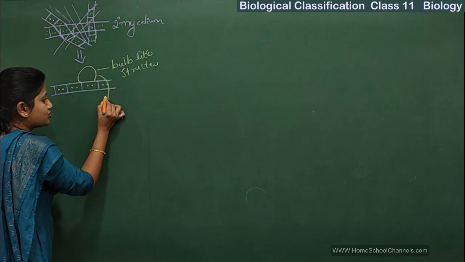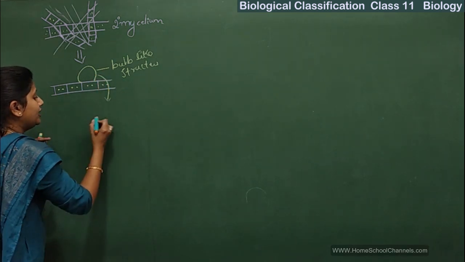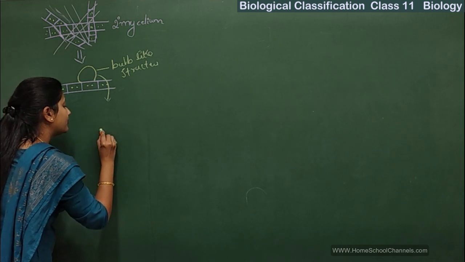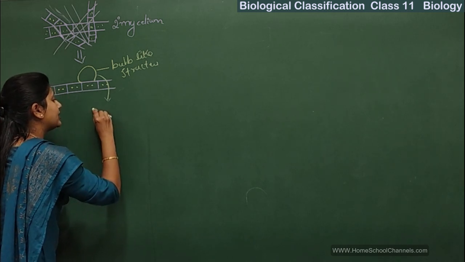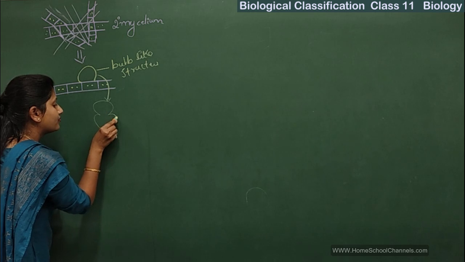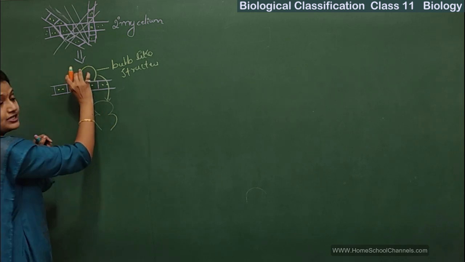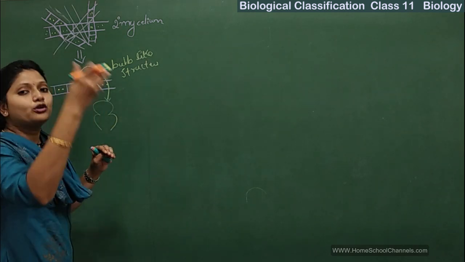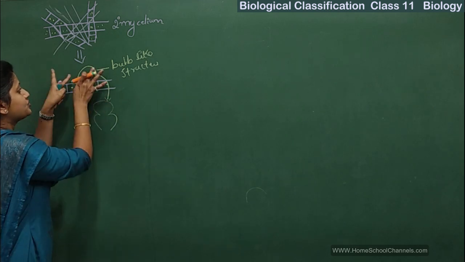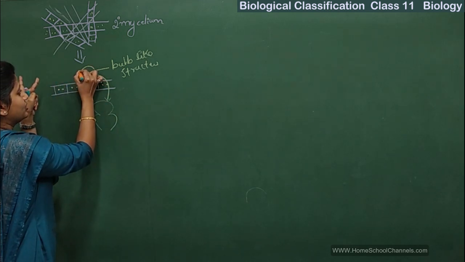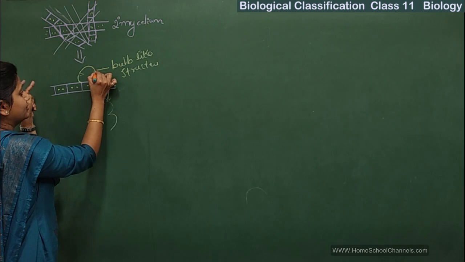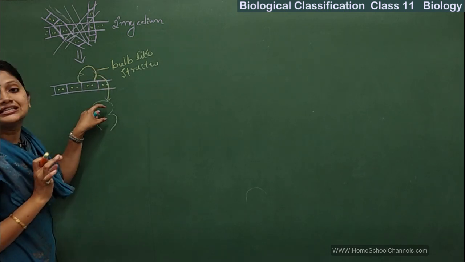This bulb-like structure will form a constriction like this. The bulb-like structure will grow, and a small constriction will take place here. So something is happening like this, and it is forming this shape.